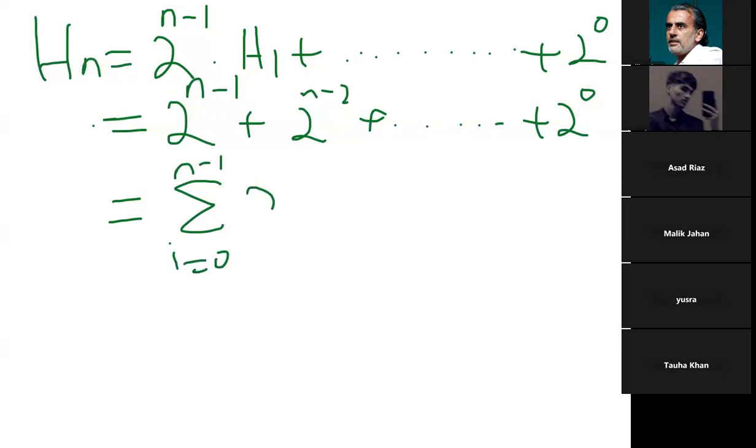There are things which are getting added up over here. All of them are powers of 2. So we can generalize it as 2 raised power i, where i starts from 0 and goes up to n minus 1. Are you okay till this moment?